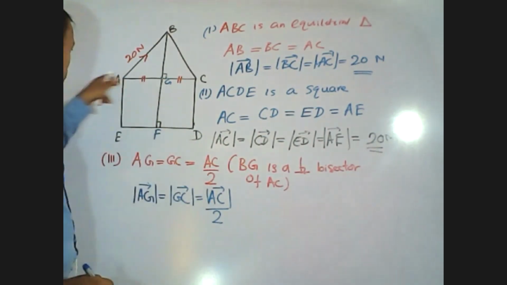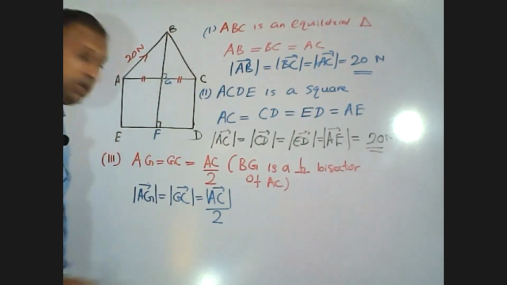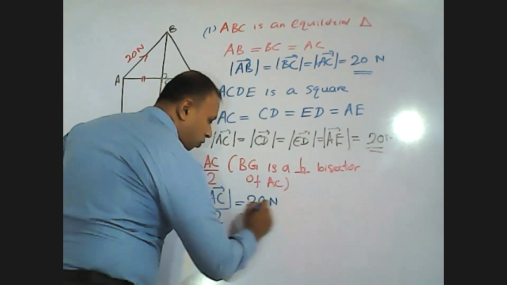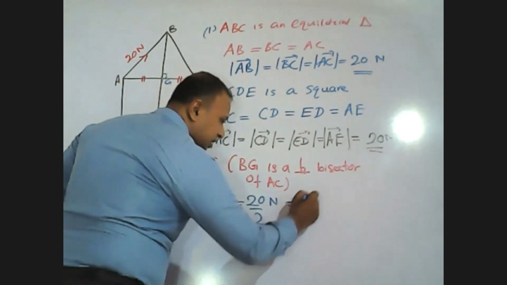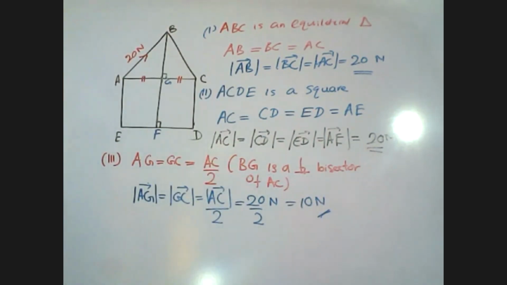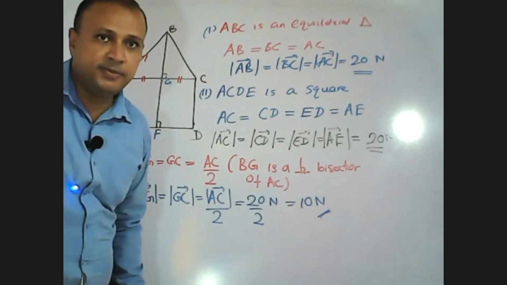I know the magnitude of the AC vector is equal to 20, so this should be 20 Newton over 2. That means 10 Newton. Everyone, did you get my point?